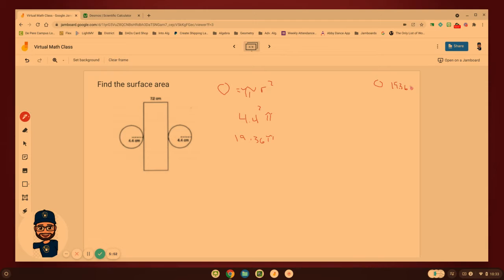Now here's the trick. In a cylinder, the space between the bases, if I unrolled it, is going to make a rectangle. Base times height. We have the base, 7.2. I know it might be hard to read, but the base is 7.2 times the height.